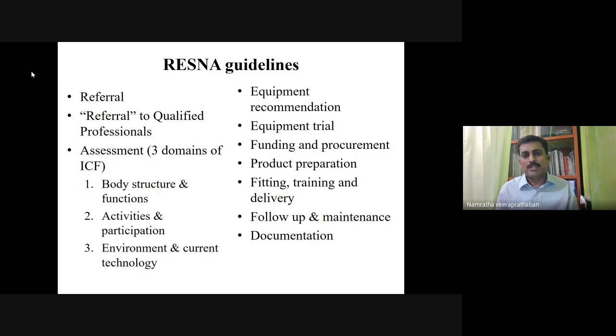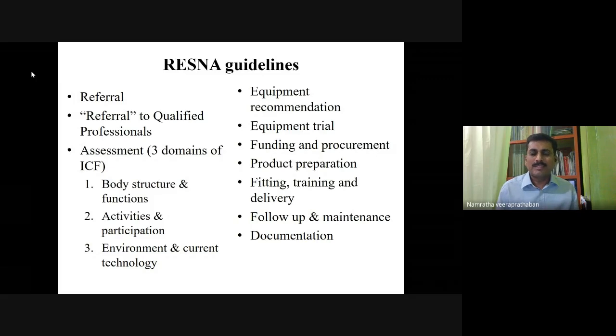Then they move on to equipment recommendation, equipment trial, funding and procurement, product preparation, fitting, training and delivery, follow-up and maintenance, and finally documentation.